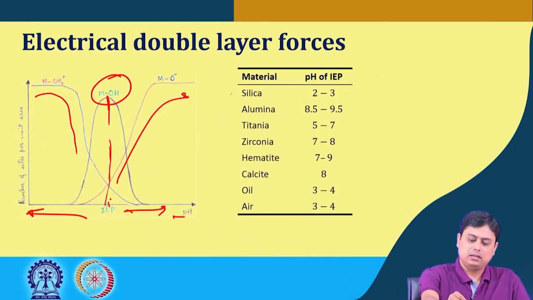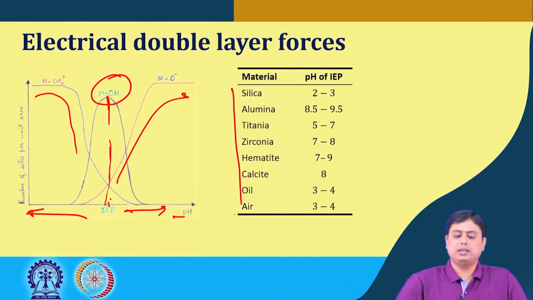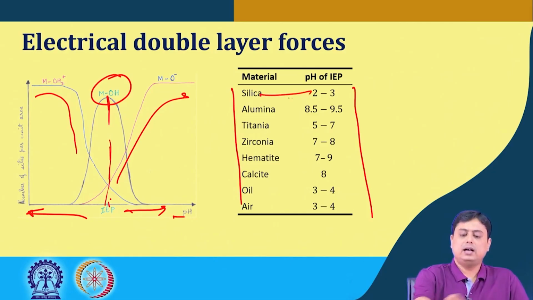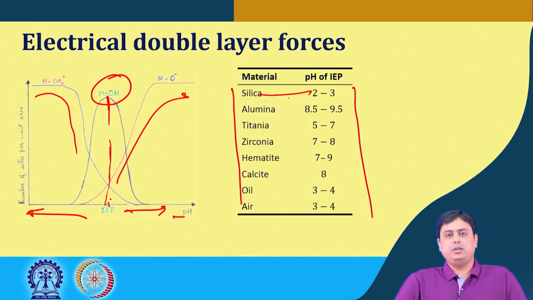And these are the different materials and their approximate IEP values. So we can see silica has an IEP of 2 to 3. Alumina, on the other hand, has 8.5 to 9.5, that is on the higher side.